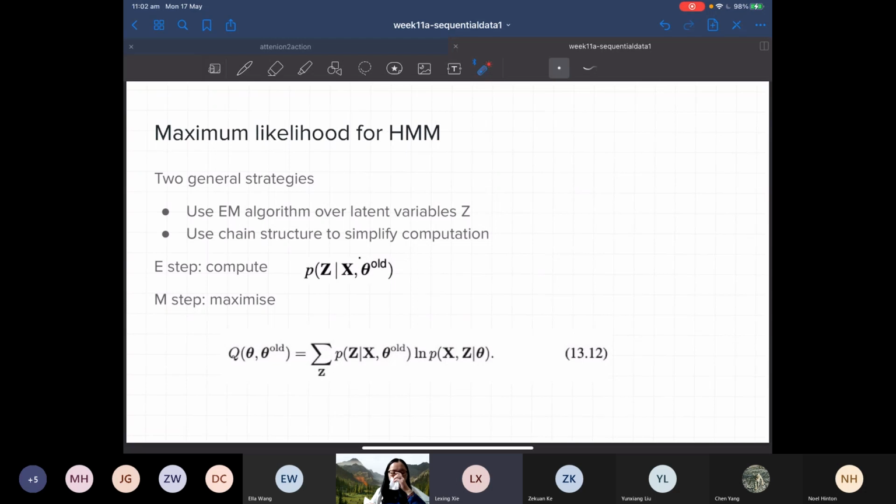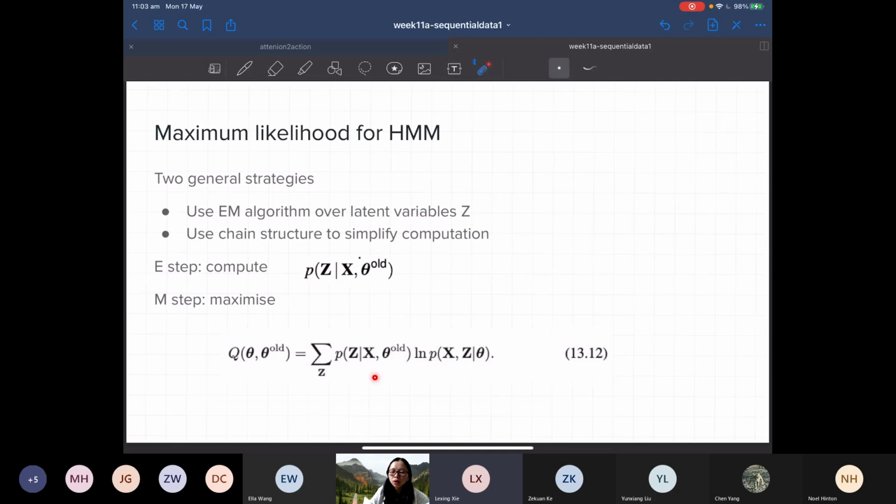So there are two general strategies. We assume that we can use the EM algorithm, and hopefully we get an efficient version of the EM algorithm over the chain. And then we use the E step to compute P of Z given X. And then the M step, so this is just a recap of the generic view of the EM algorithm. We maximize this expected complete data likelihood, which is a function of X, in fact, and also theta.